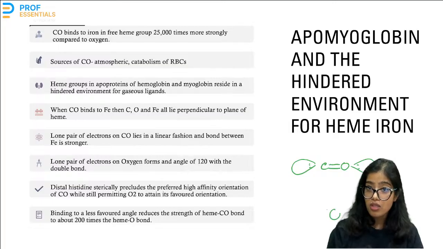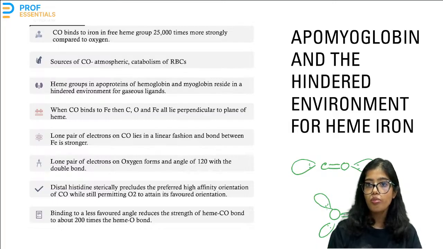Whereas in oxygen, the lone pair of electrons on each atom form a 120-degree angle with the double bond. So this is how an oxygen molecule is. The lone pair of electrons form almost a 120-degree angle with the double bond, whereas the lone pair of electrons on carbon monoxide are linear to the double bond.